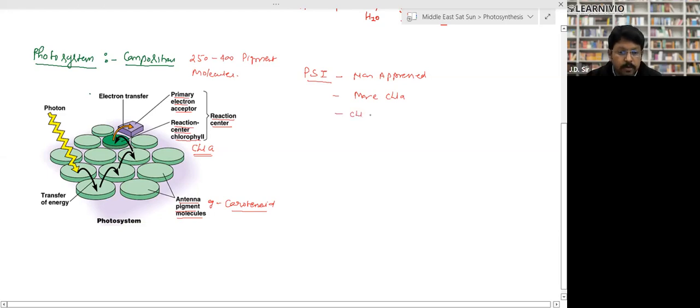Chlorophyll B and carotenoid are comparatively less.